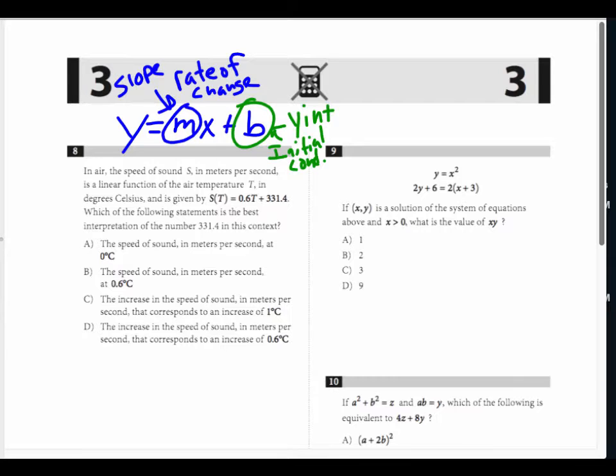It says the speed of sound in meters at 0 degrees. That might work. Okay? Let's get to the next one. The speed of sound in meters per second at 0.6. No, probably not. Remember that the y-intercept occurs at 0, comma, whatever our function is.